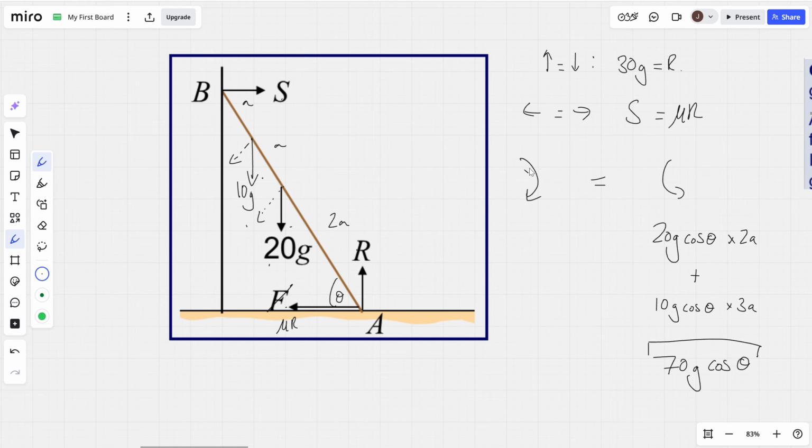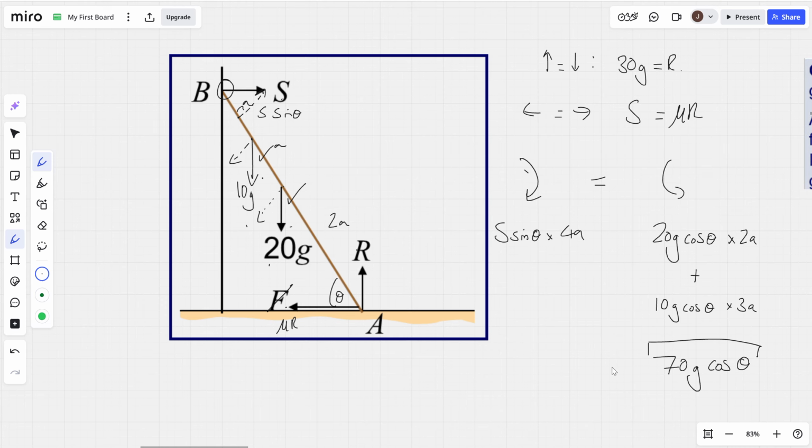The clockwise moment then must be being provided up here. So that one there, if I did theta, that would be opposite. So that's S sine theta, isn't it? S sine theta. And how far away is it? It's 4A.